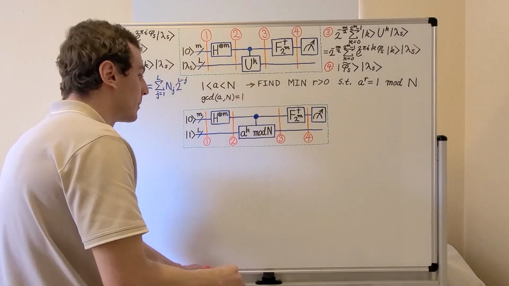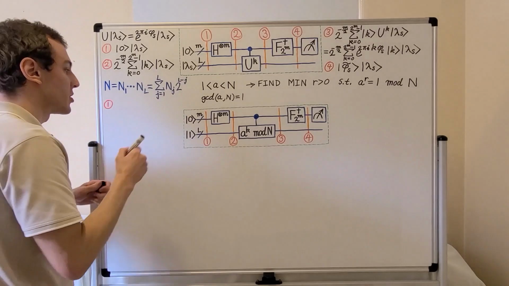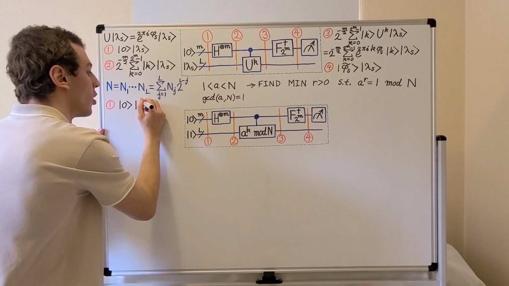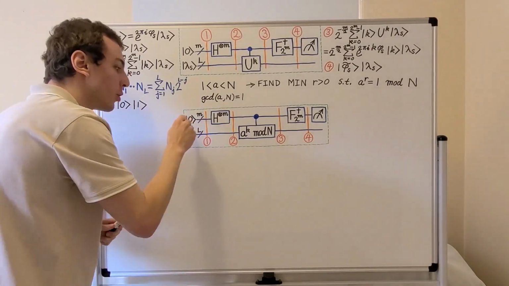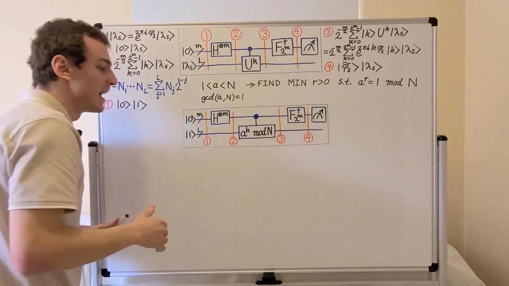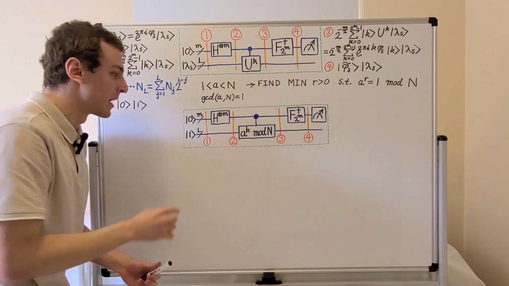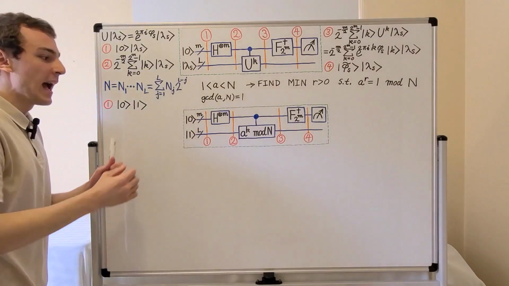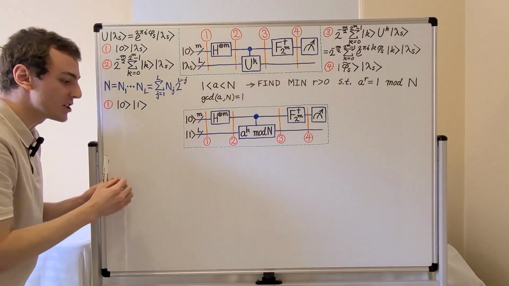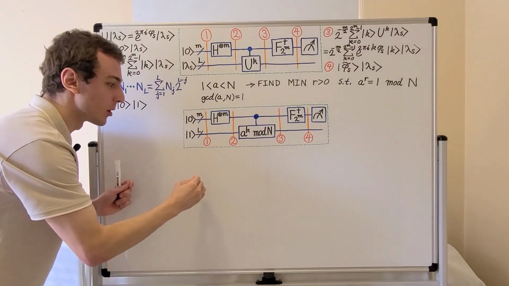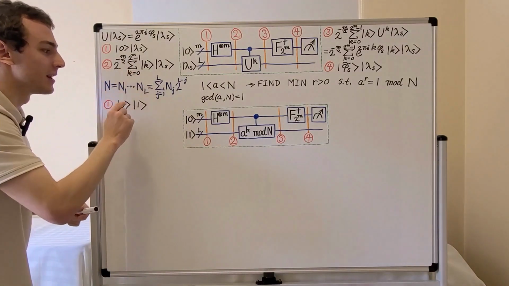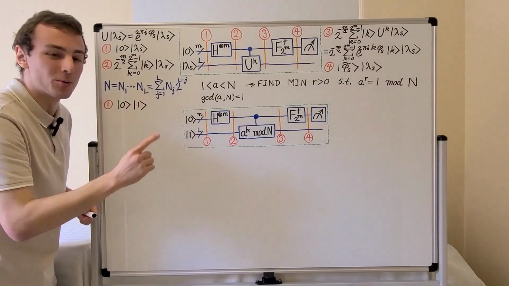So initialization begins when we initialize the m qubit register in the state 0 and the L qubit register in the state 1. Now these are not computational basis states for a single qubit. So this is not 0 and 1 for a single qubit. This is the state of an entire register. So alternatively, you could write this 0 as a string of m zeros. And this 1 can be written as a string of L minus 1 zeros followed by a final 1. So if you look at this binary representation, only n sub L would be equal to 1.